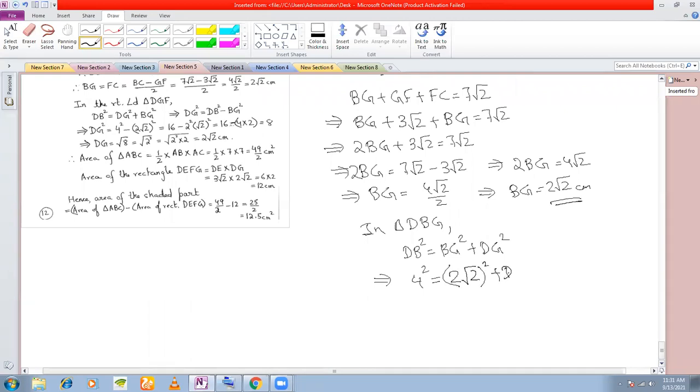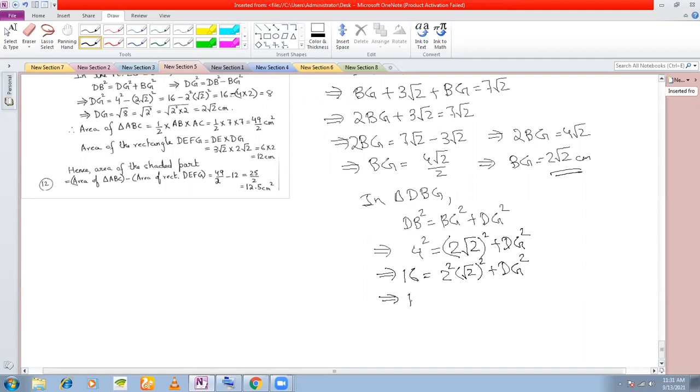And DG square, we need to find out. So this becomes 16 is equal to 2 square into root 2 square plus DG square. So this becomes 16 is equal to 4 into 2, since root 2 square is 2, so 4 into 2 plus DG square. And then 16 is equal to 8 plus DG square, means 16 minus 8 is equal to DG square.